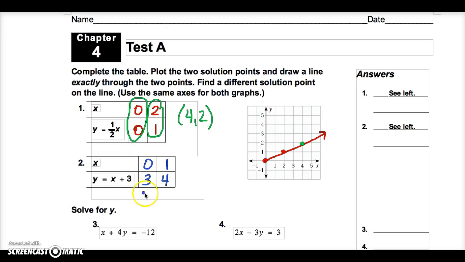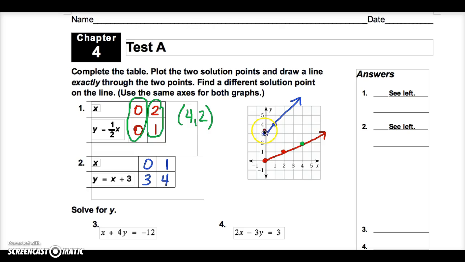So when I graph these, the point 0, 3, I'll go over 0 and up 3. And then the other point is 1, 4. Over 1, up 4. And then connect those. And again, we have to pick another point that falls on that line.